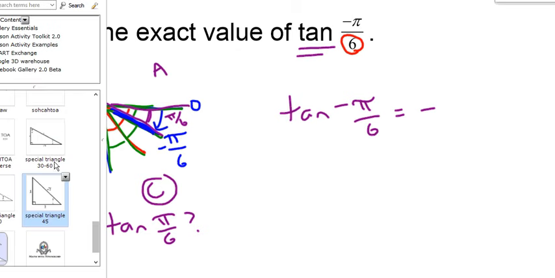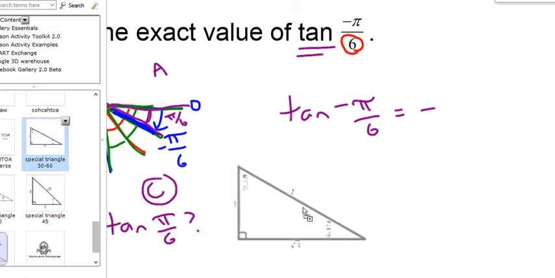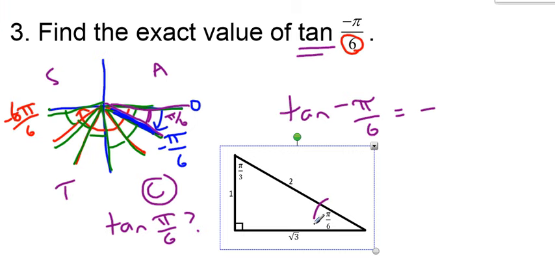So let's look at the special triangle. Boom. So here's pi over 6. So I'm ignoring this. So for tan, I want opposite over adjacent. So SOH CAH TOA, tan is opposite over adjacent. So the tan of pi over 6 would be 1 over root 3. So my answer is negative 1 over root 3.